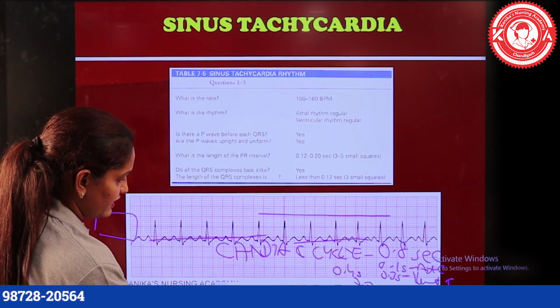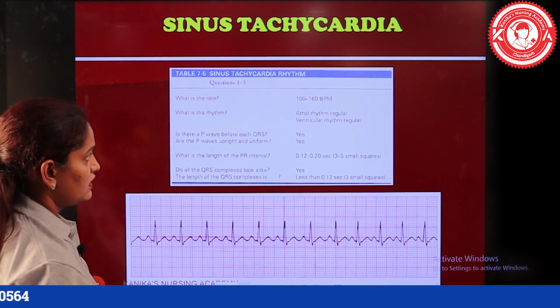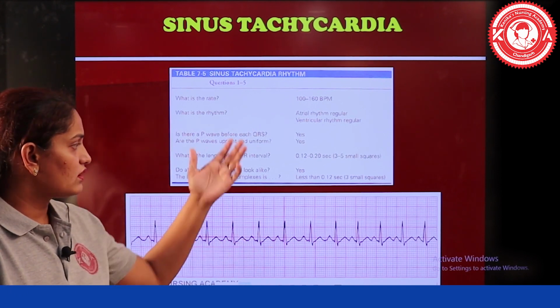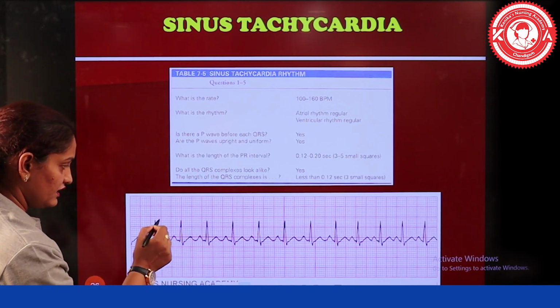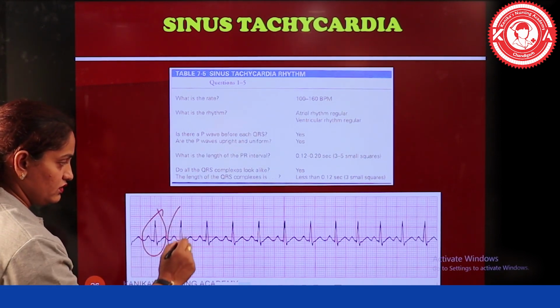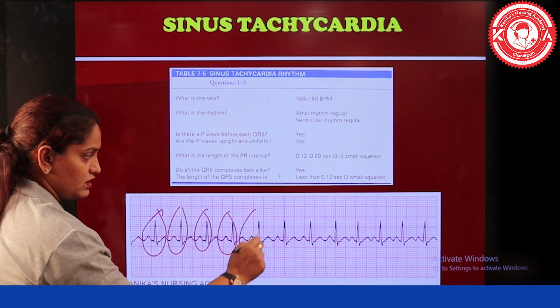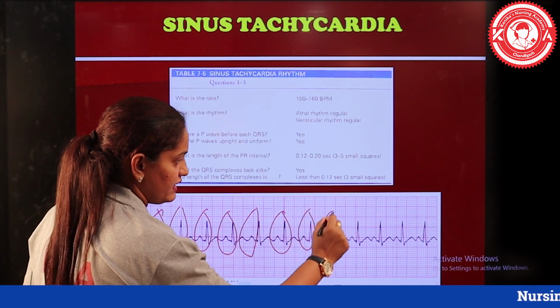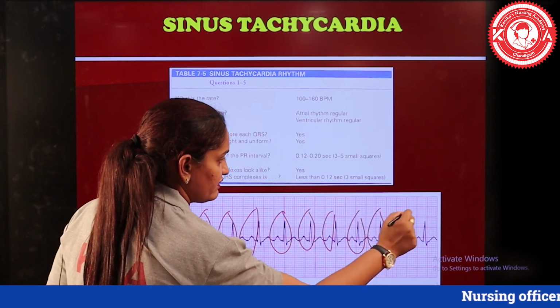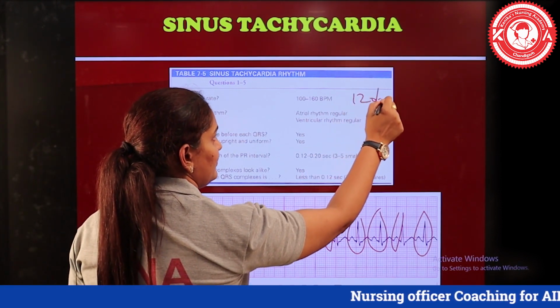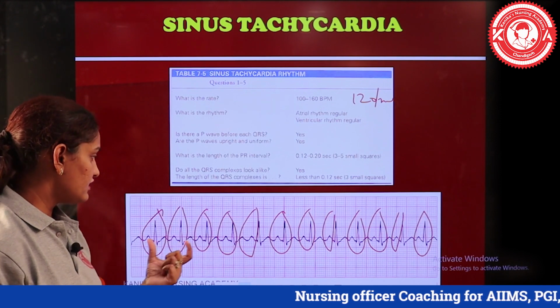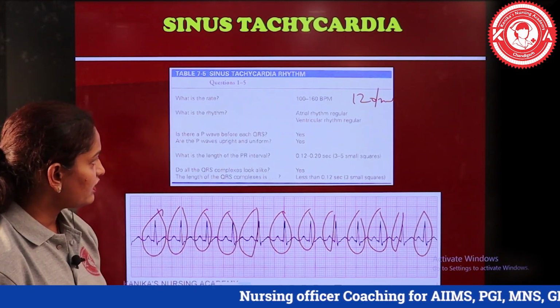Then is sinus tachycardia. Again, the answer to all the questions will be normal except for the heart rate. Let us see, this patient has a heart rate of 1, 2, 3, 4, 5, 6, 7, 8, 9, 10, 11 and 12. So the heart rate of this patient is 120 beats per minute. The rhythms are found to be regular here.